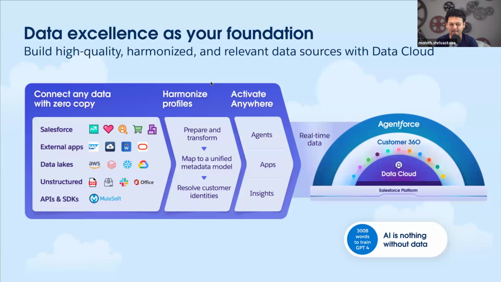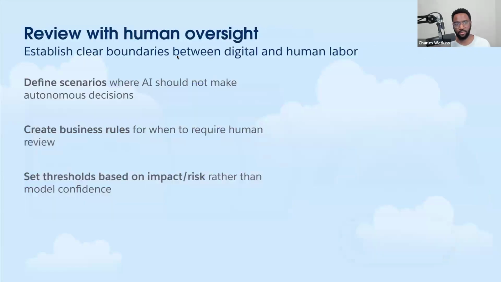So for sure. And then the next is the review of human oversight. So you should establish clear boundaries between what is digital and what is human. Think about the scenarios where AI should not make autonomous decisions. Maybe you don't want an agent to, I don't know, charge a customer's credit card. Maybe that's something that should be deterministic.